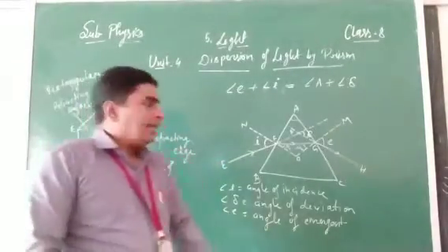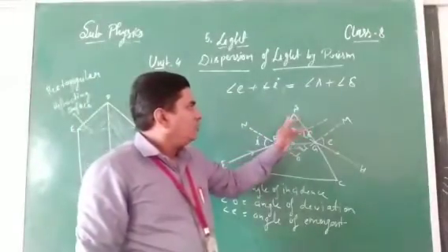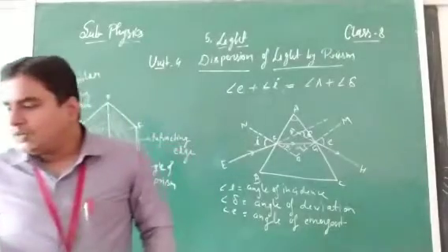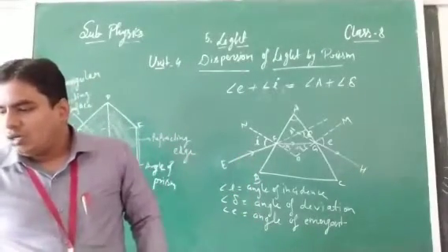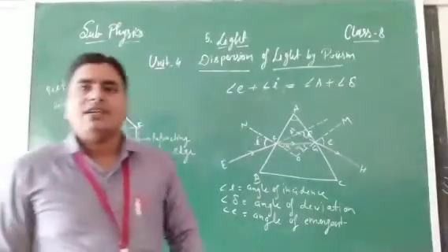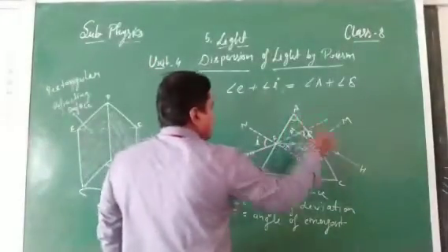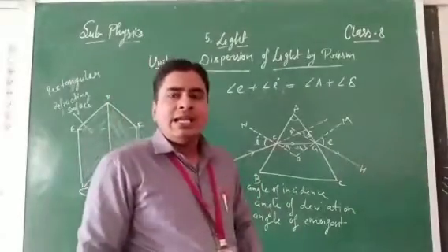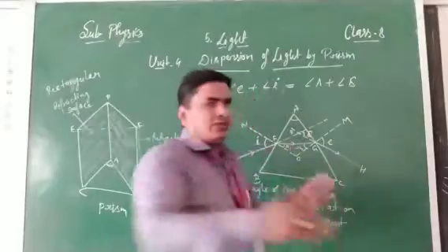Now see, the angle between the 2 rectangular surfaces, called the 2 refracting surfaces, is called the angle of prism. This is the angle of prism. Either you can say the angle between 2 edges of this triangular surface.